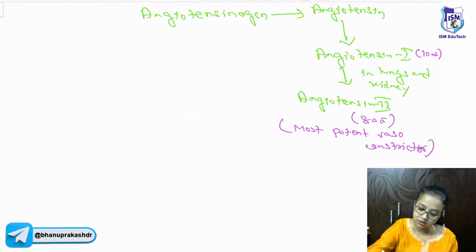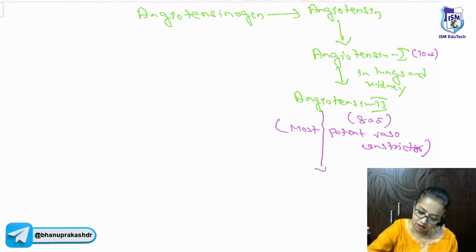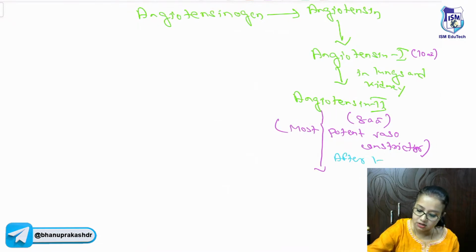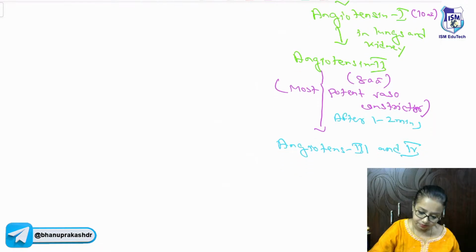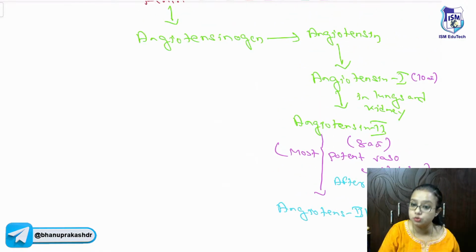Now, this angiotensin 2, after 1 to 2 minutes, will immediately change into angiotensin 3 and 4. Okay. Now, from angiotensin 1 to angiotensin 2, the enzyme that changed it is the angiotensin converting enzyme.